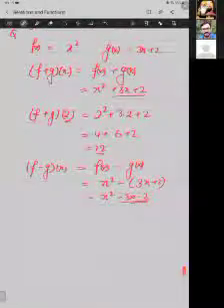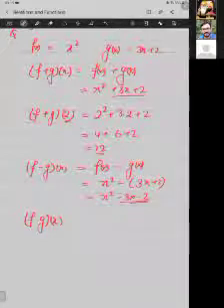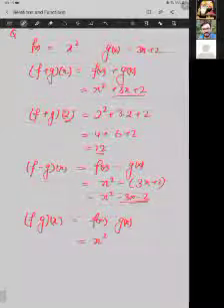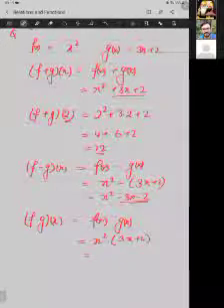Then next, they might ask us to calculate f into g x, which will be fx into gx. Now fx is x square into gx is 3x plus 2. So it will be 3x cube plus 2x square.